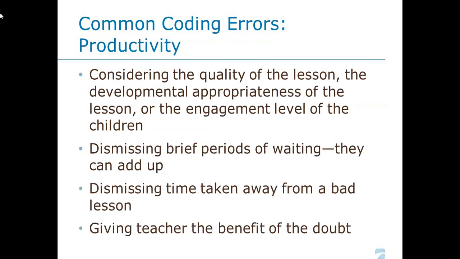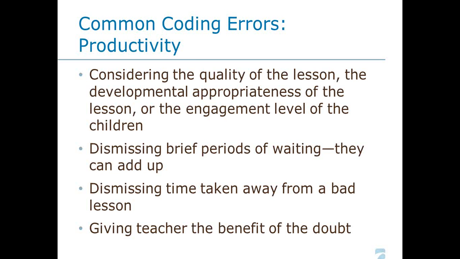Okay, so when we think about productivity, one of the things to remember is that productivity is only about the use of time, all right? And the common mistakes people make are to let other things factor into their coding. We need to be completely objective about this dimension.